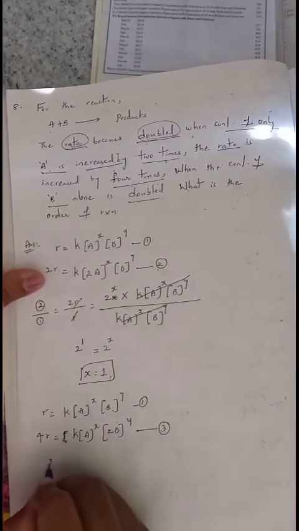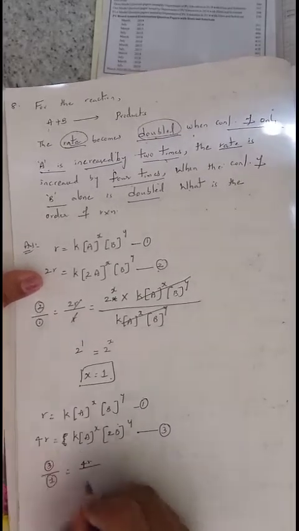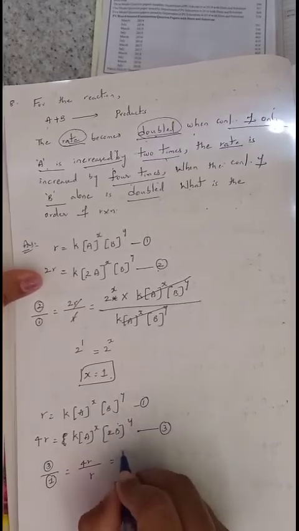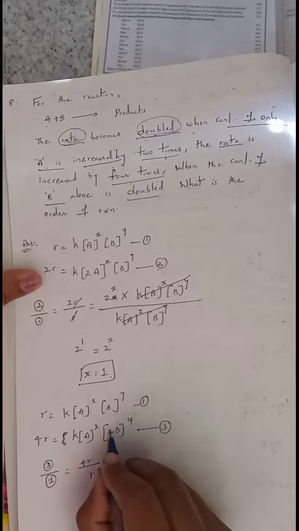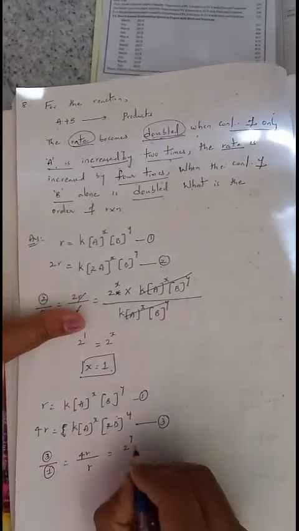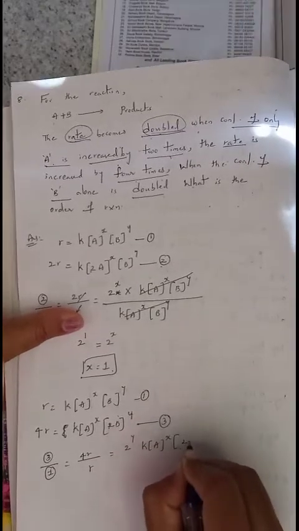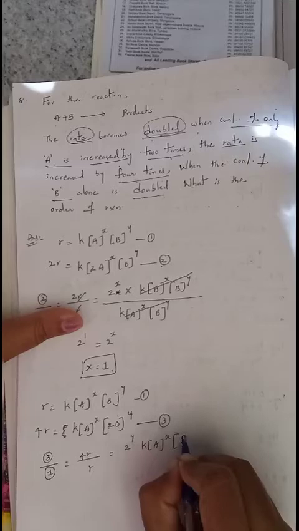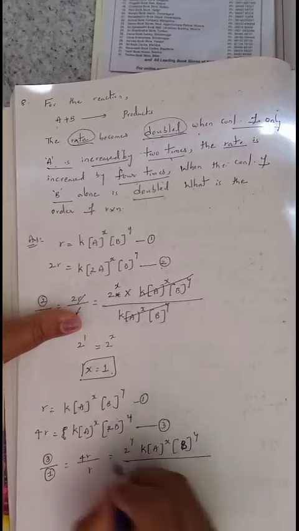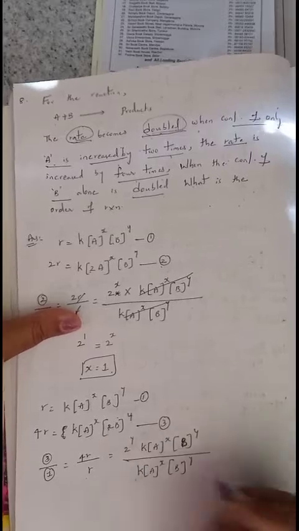Now divide equation 3 by equation 1. Equation 3 is 4R, equation 1 is R. The 4R value is K A to the power of x into 2 to the power of y, into B to the power of y, divided by the R value, K concentration of A to the power of x into concentration of B to the power of y.